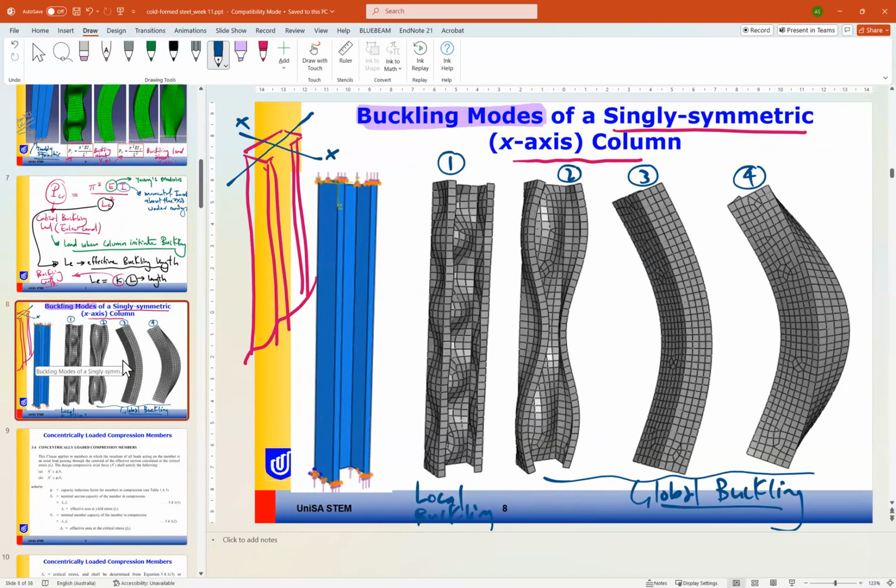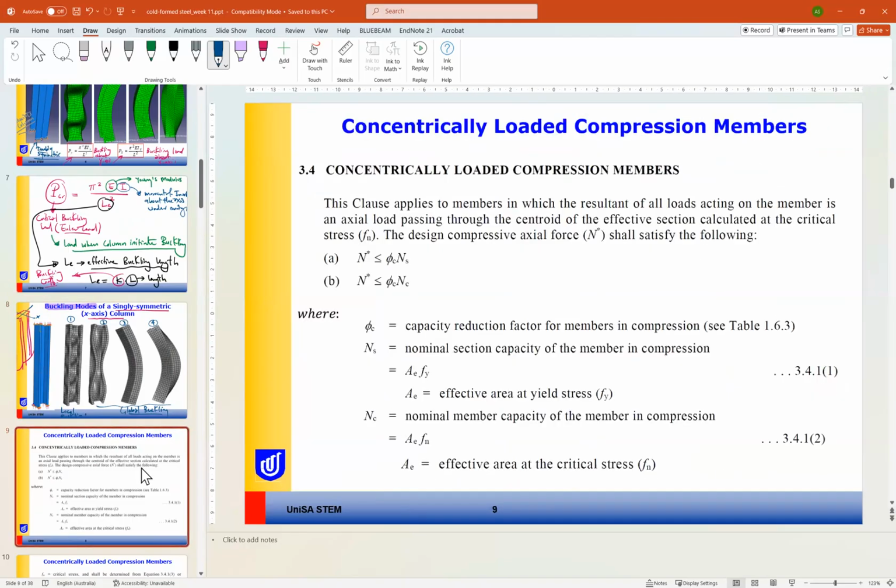Okay, do you have any questions up to here, guys? Okay, so now let's go through how to design the columns under axial load.